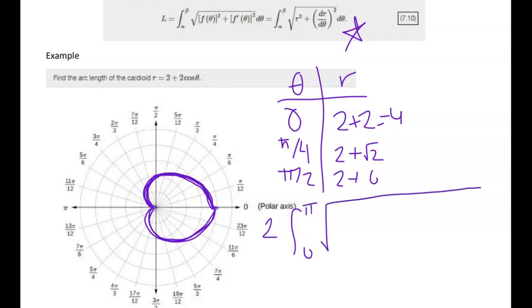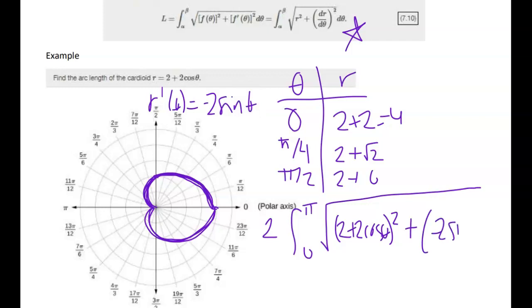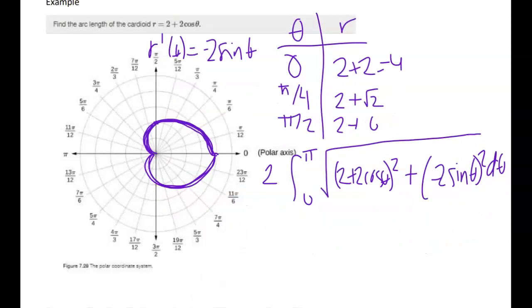And so I'm going to end up doing r squared plus dr d theta squared. So what's r prime with respect to theta? Negative 2 sine theta. So negative 2 sine theta squared d theta. Let's see what ends up happening inside this square root when I expand.